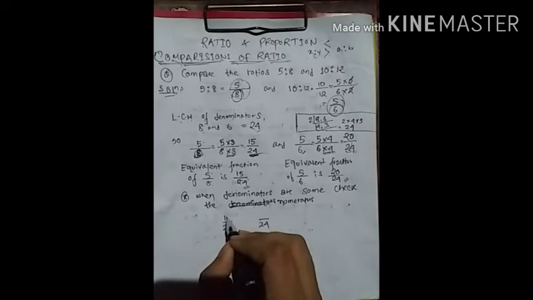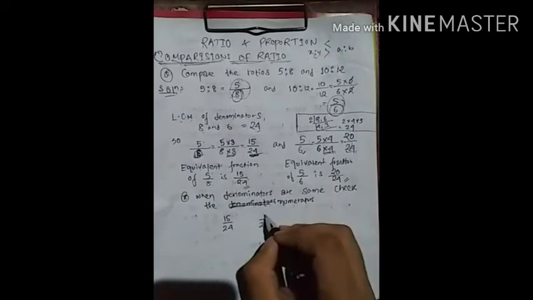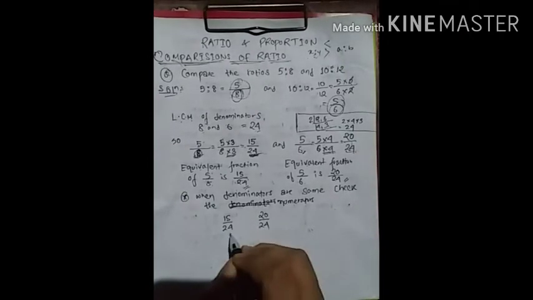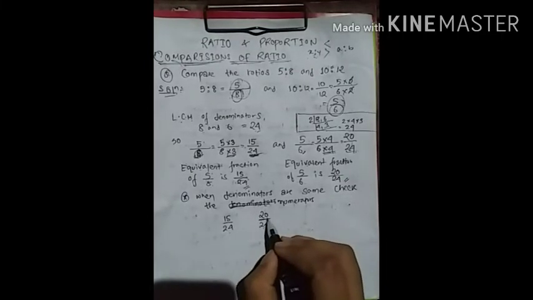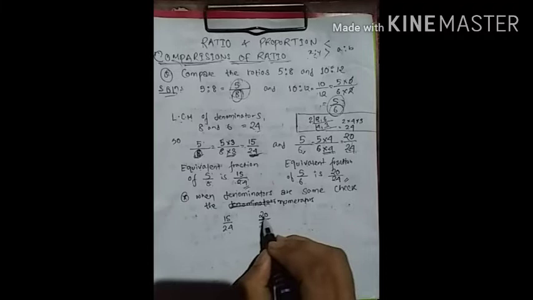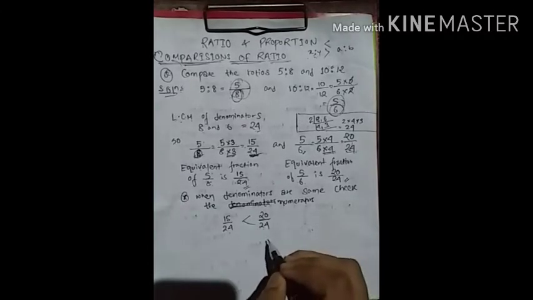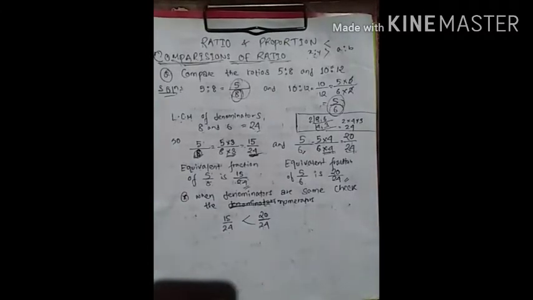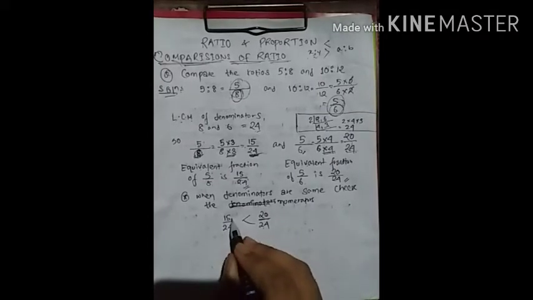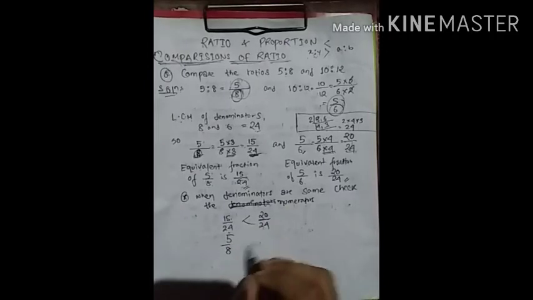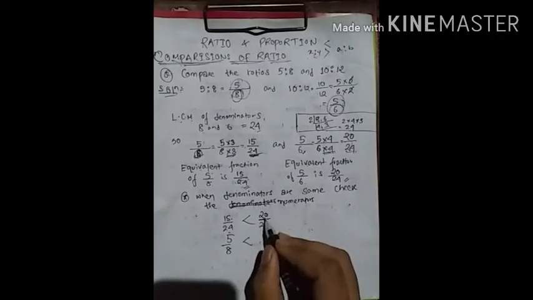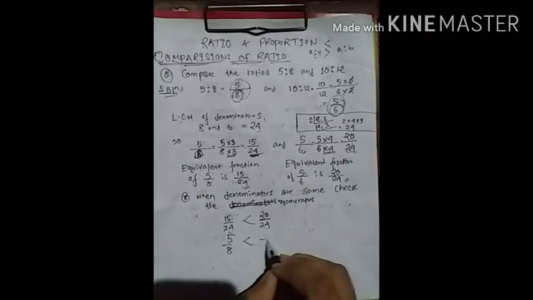Here the numerator is 15 and here the numerator is 20. So when denominators are the same, the fraction containing the greater numerator will be larger. So 20 by 24 will be greater than 15 by 24. Now in place of 15 by 24 we can write 5 by 8, and in place of 20 by 24 we can write 5 by 6.